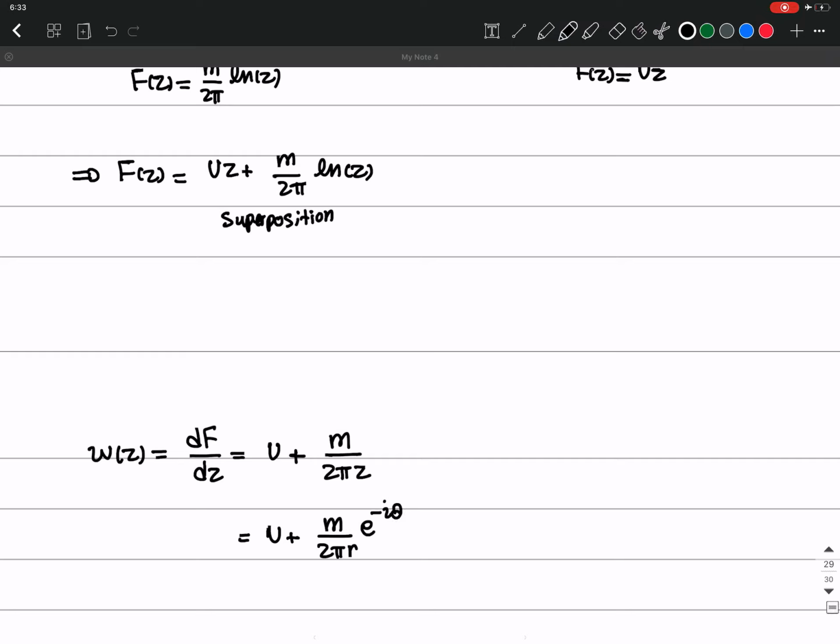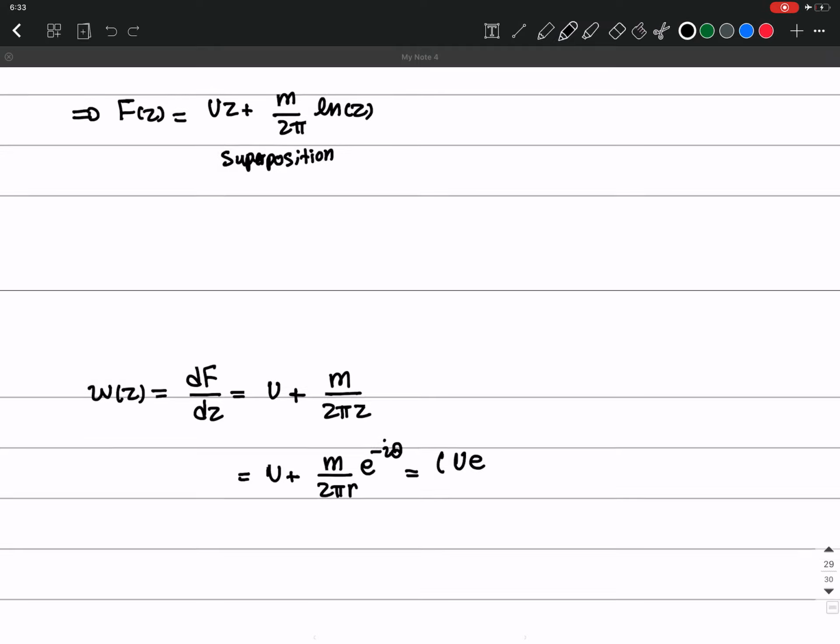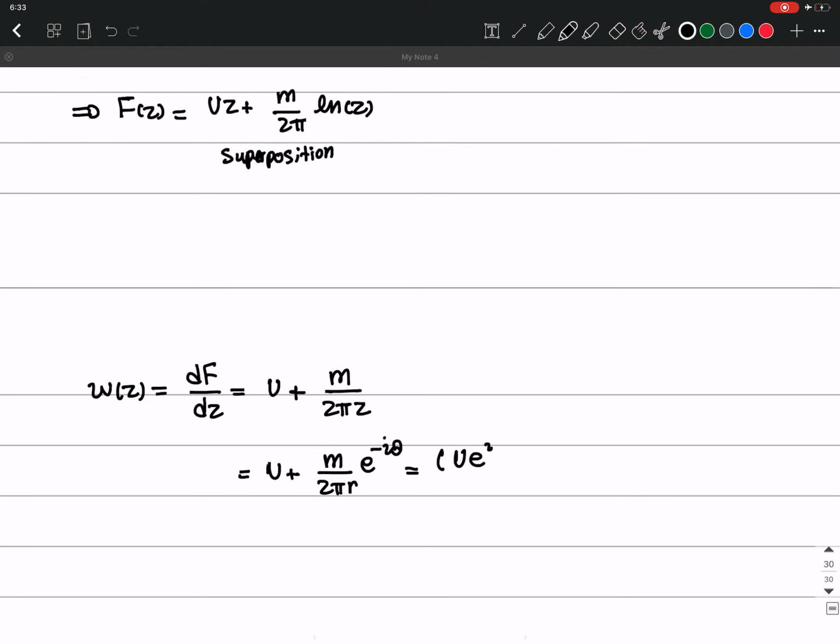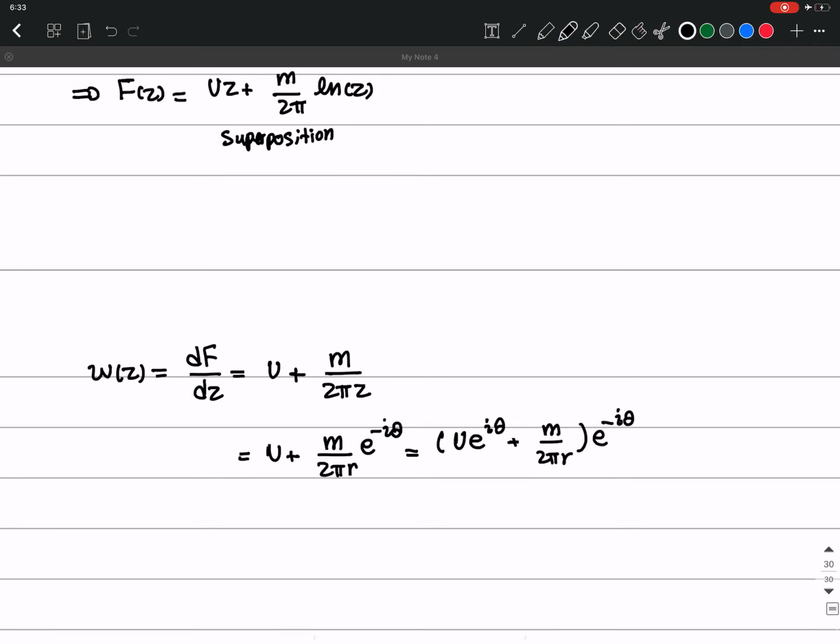So instead of z, I can write it like this, and then I multiply this u by e to the i theta and e to the minus i theta, so I get e to the i theta here, plus m over 2 pi r, so I factor e to the minus i theta from both sides, and I get this.